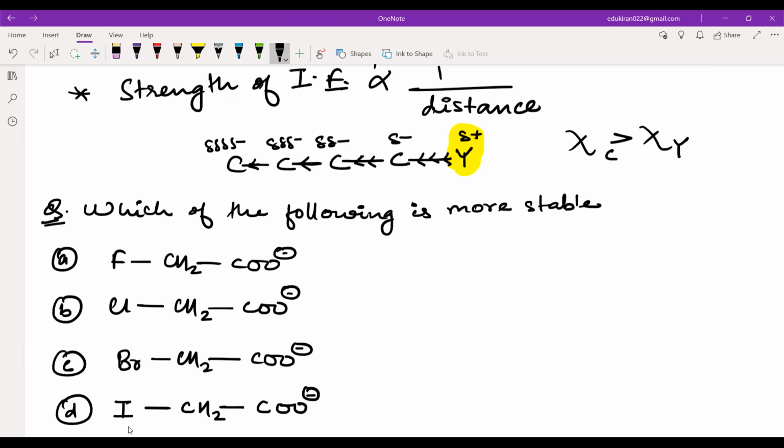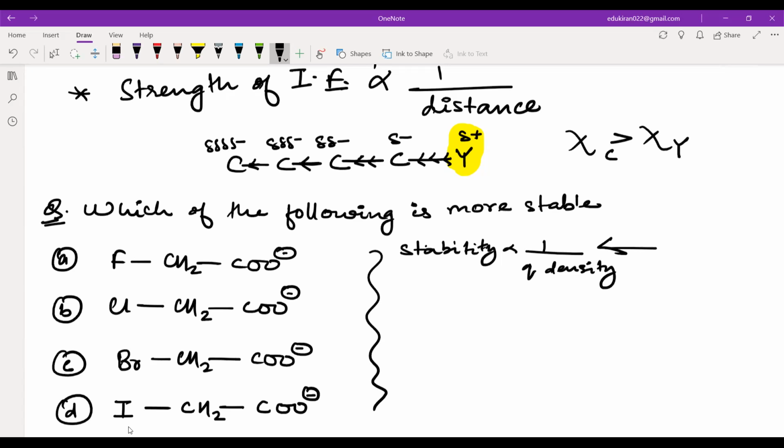See, again, the basic idea of stability is that stability is inversely proportional to the charge density. Correct? Do I need to explain this part? Stability is inversely proportional to charge density. Do you understand this?